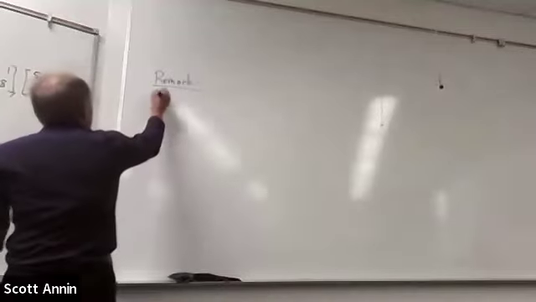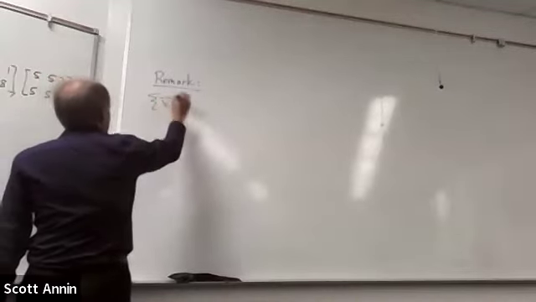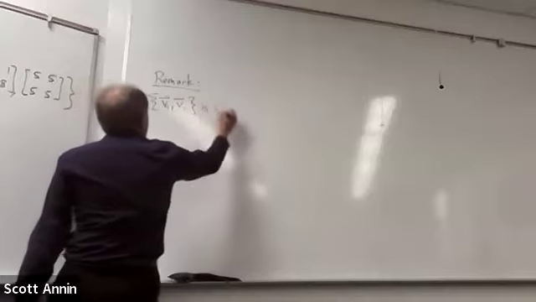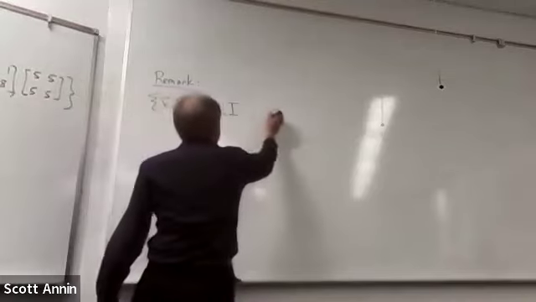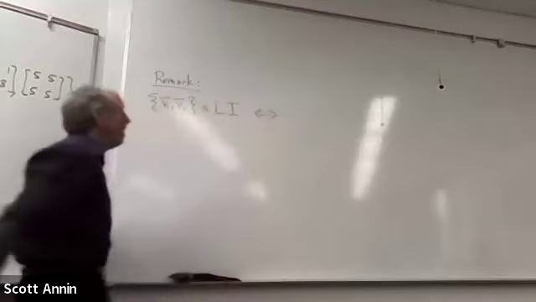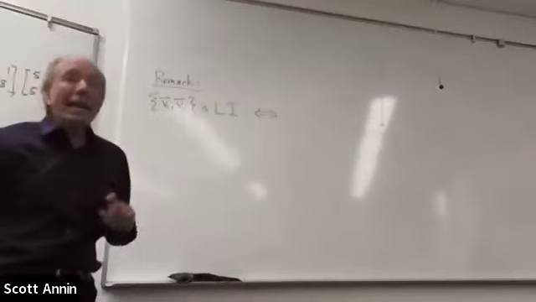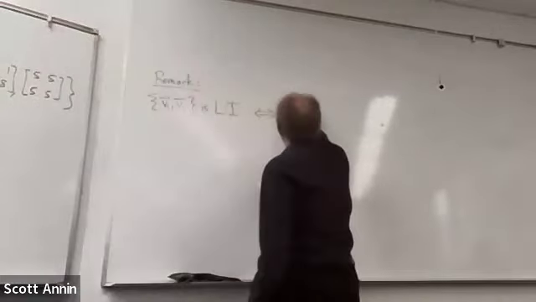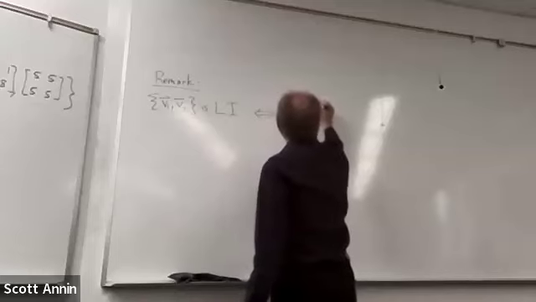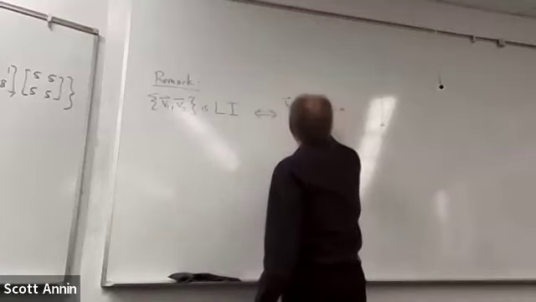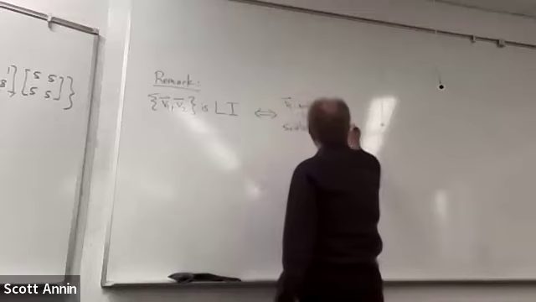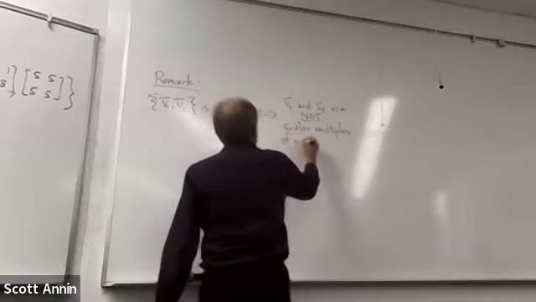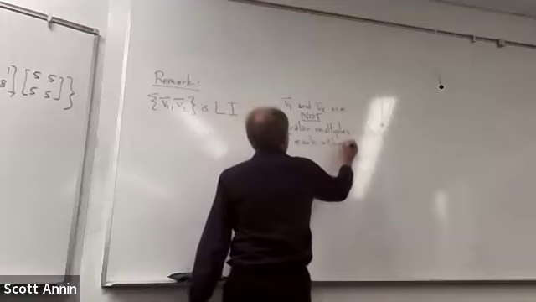However, the remark is that if we only have two vectors, that set of vectors is LI if and only if v1 and v2 are not scalar multiples of each other. Does anybody remember, did I say that before?